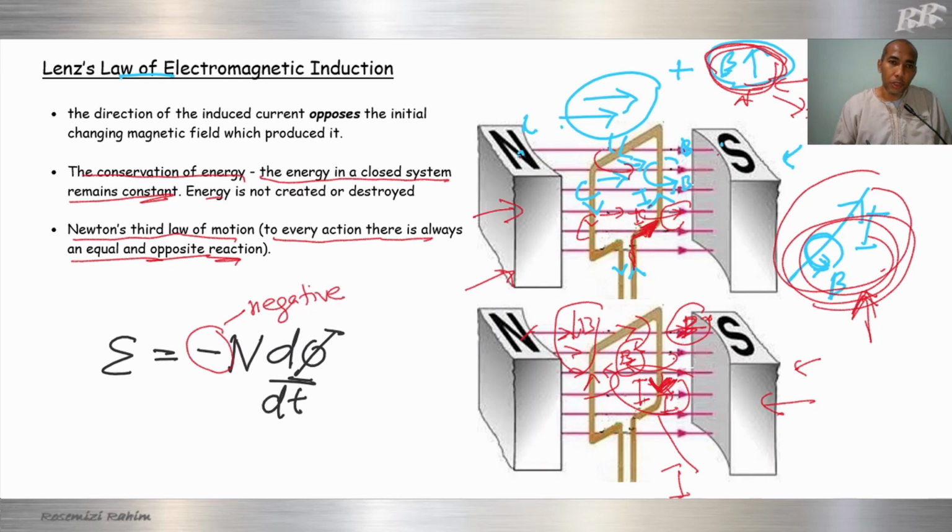It means the direction of the induced current opposes the initial changing magnetic field. This magnetic field is from the permanent magnet and produces the induced current. However, the induced current is against it.